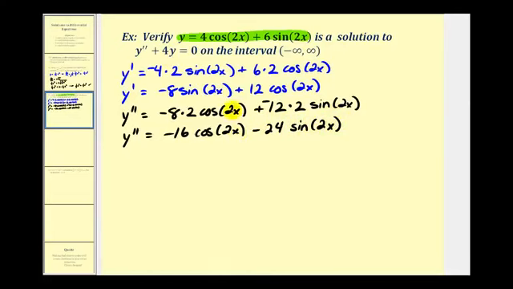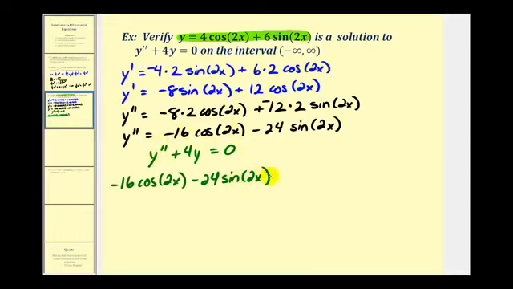Now we have the information we need to verify the solution. We're trying to verify that y double prime plus 4y equals 0. So we'll substitute all of this for y double prime, and we'll substitute the original function for y. So we'll have negative 16 cosine 2x minus 24 sine 2x.